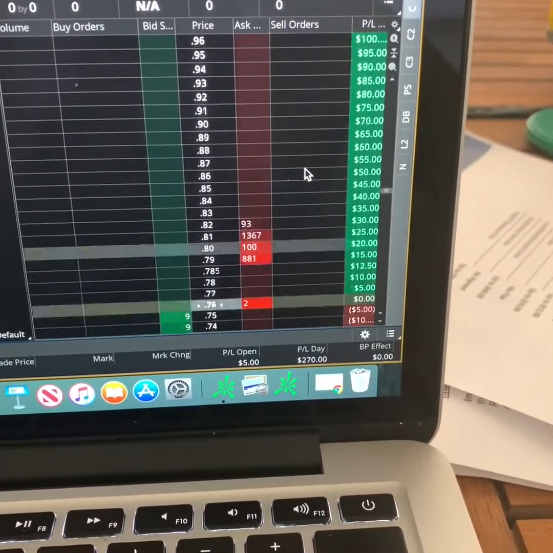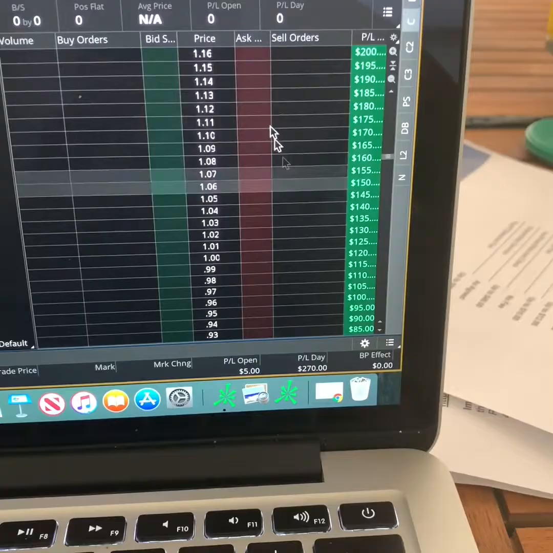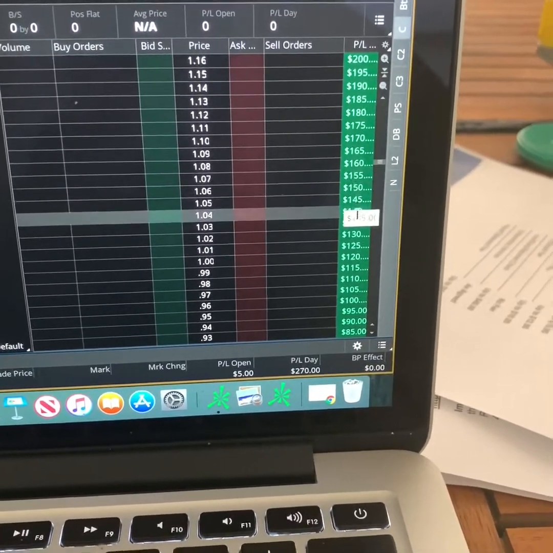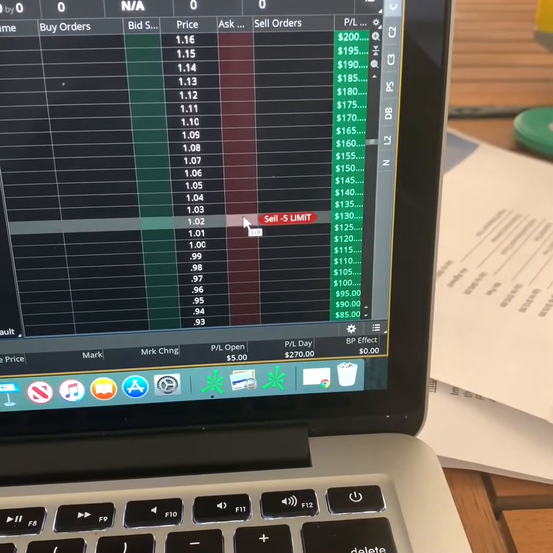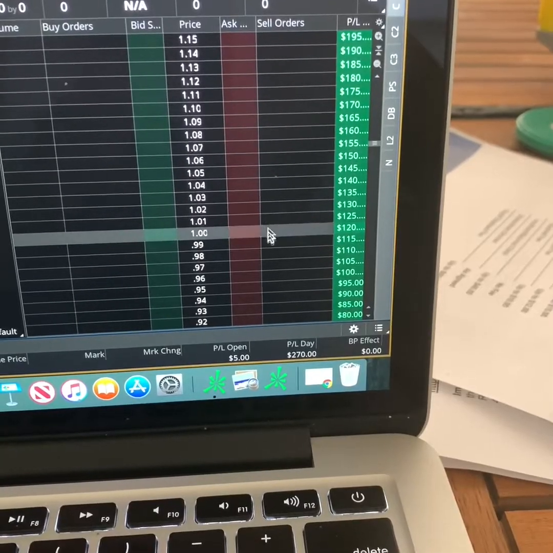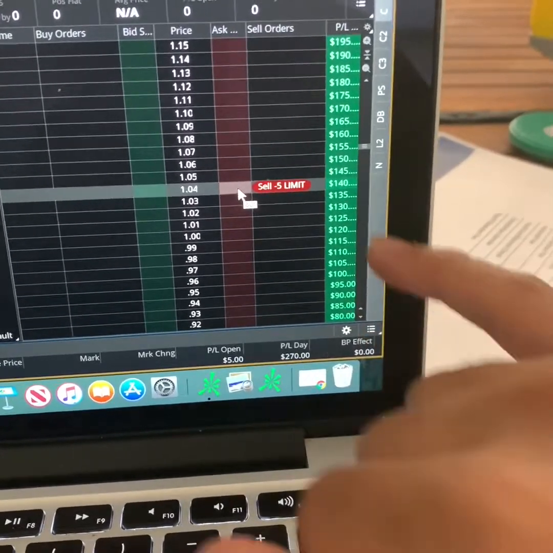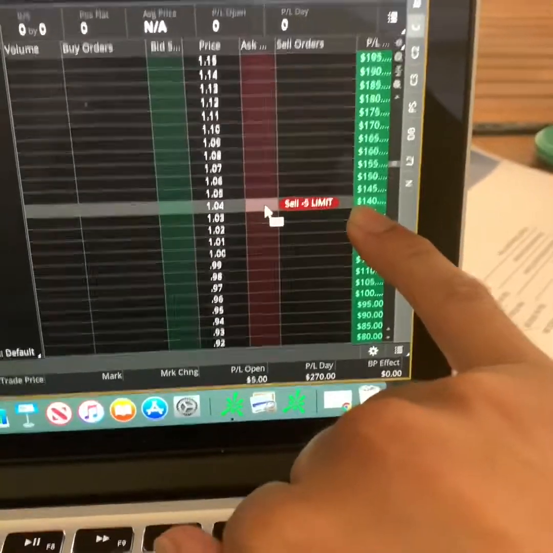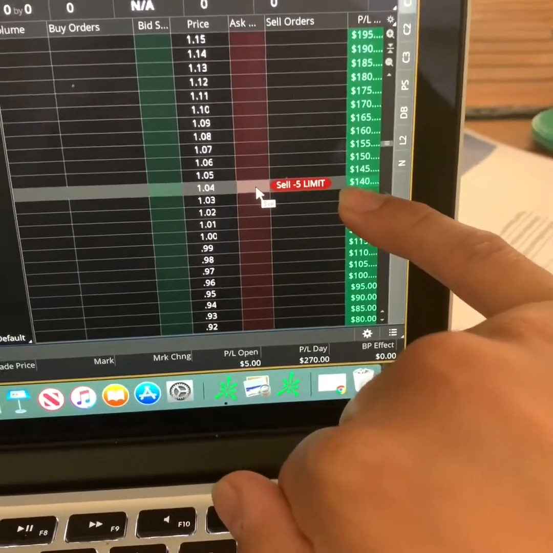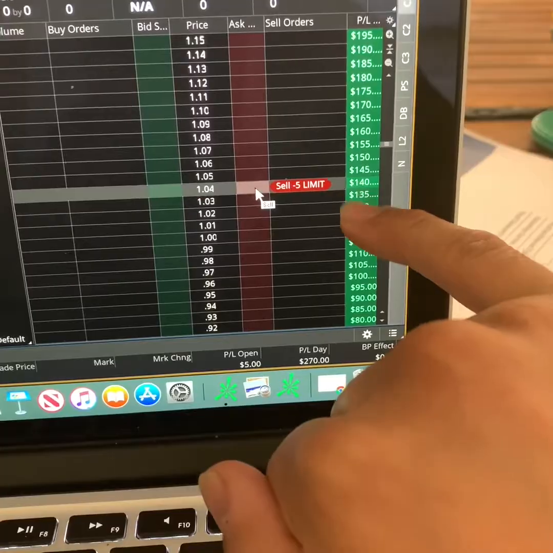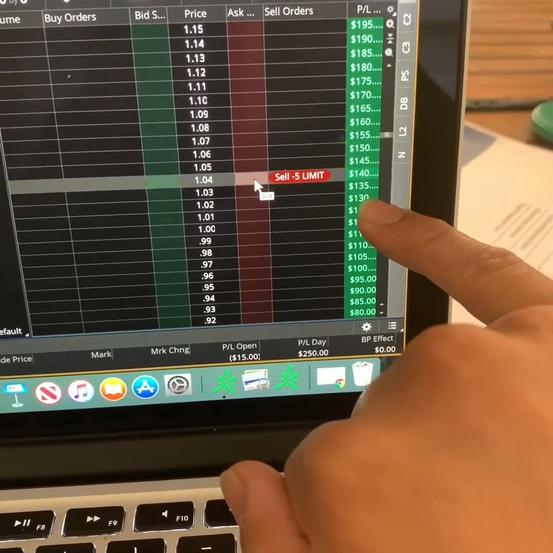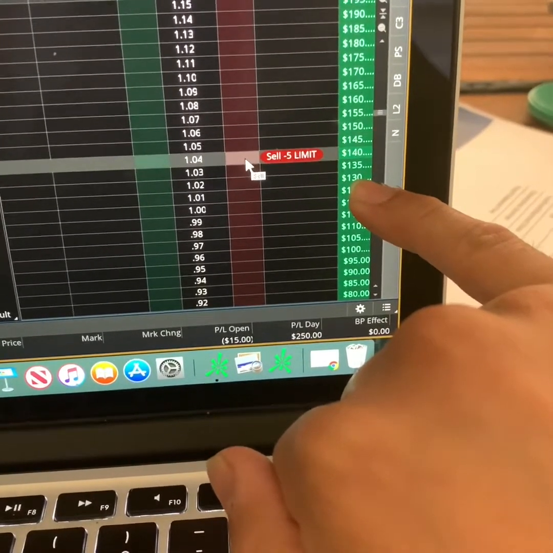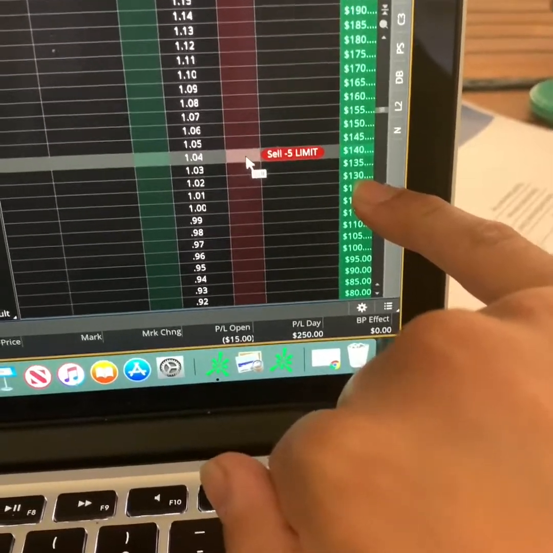Once this thing is deep in the money, I don't mind putting a stop loss. Because if I put a stop loss here where it says 140, maybe I don't get 140. Maybe I really get 130, and I'm okay with that because I profited.